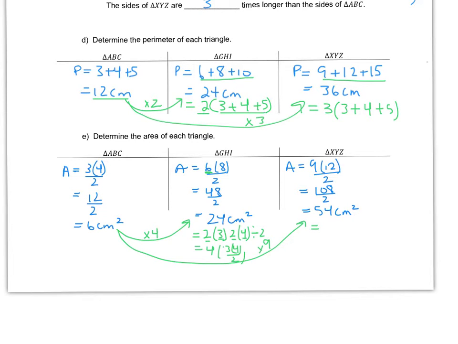Also, the 54 came from 9 times 12 divided by 2. 9 is 3 times the original 3 because we're tripling that height, and then we have 3 times the original base, 4. 3 times 3 is 9. That's my scale factor, but I have it twice, so 2 factors of 3 is 9, or 3 squared. And again, divide by 2. That gives us our 3 times 4 divided by 2 there.